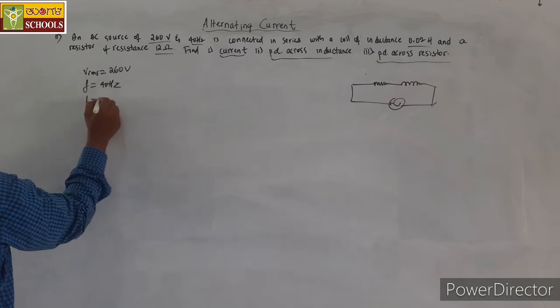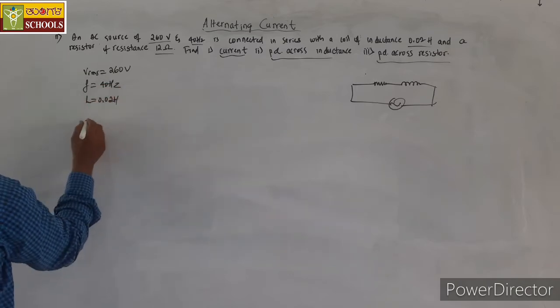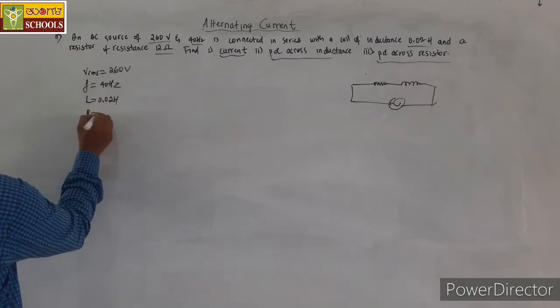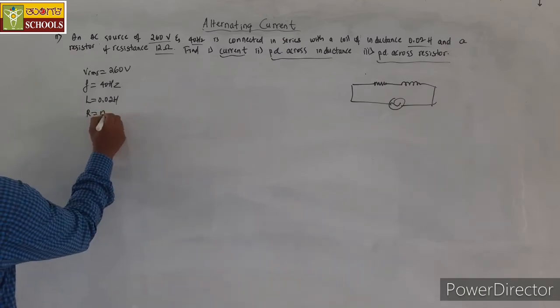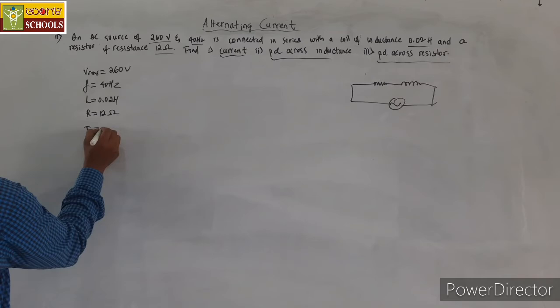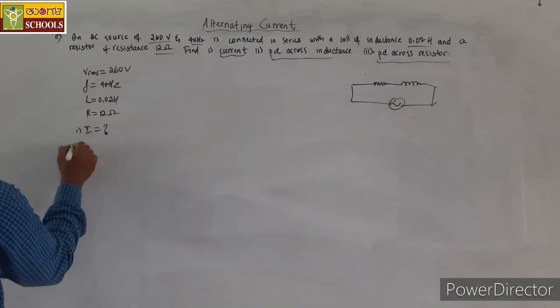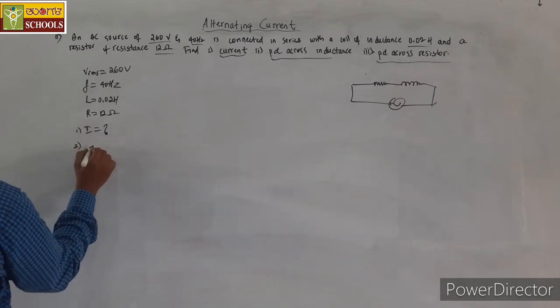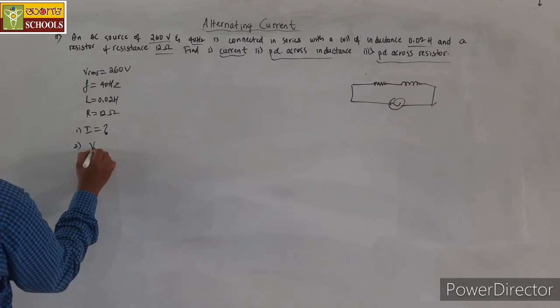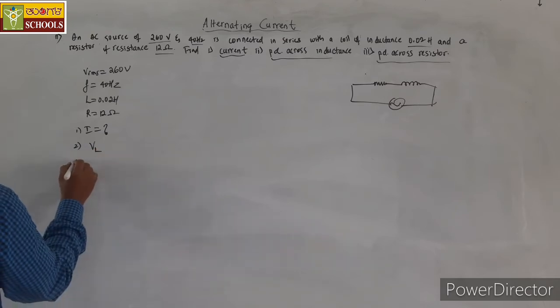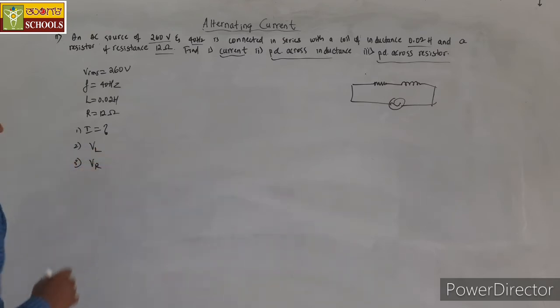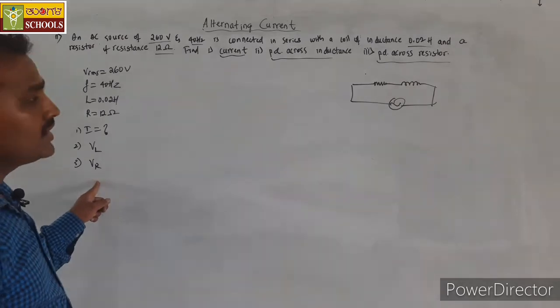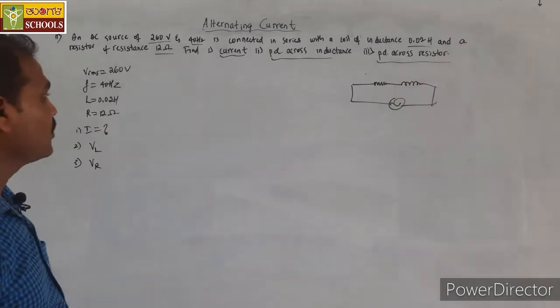L is equal to 0.02 Henry and resistance R is equal to 12 ohm. We have to find what is the current in the circuit, number 1. Then we have to find the potential difference across the inductor, that is VL. Then we have to find the potential difference across the resistor, that is nothing but VR.